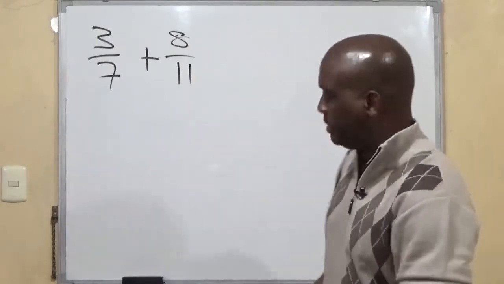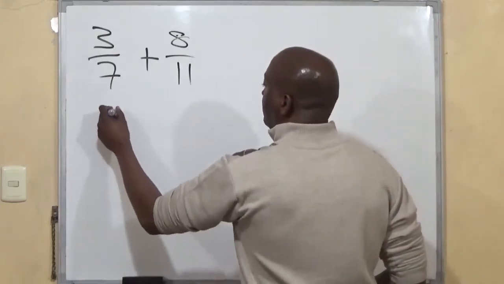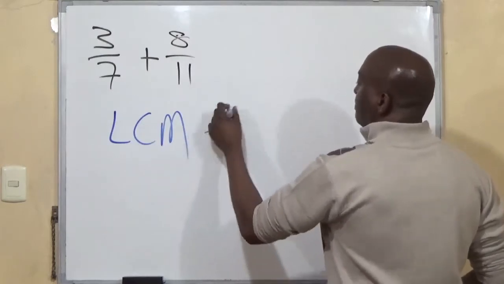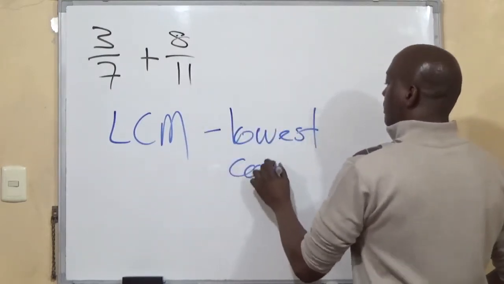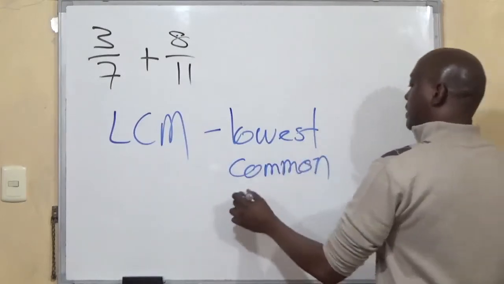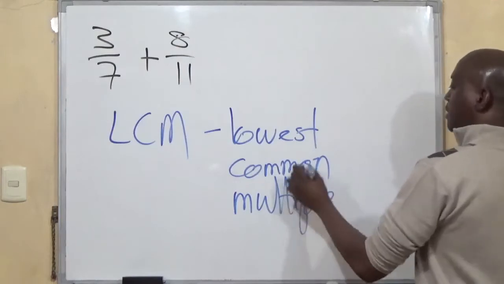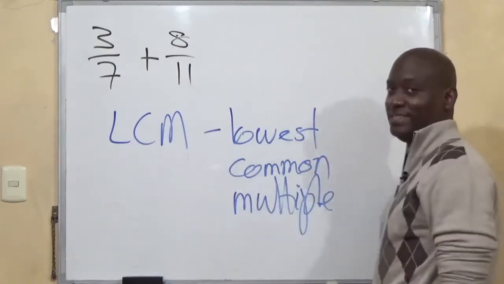That is something that you might recognize as finding the LCM, which is an acronym that means the lowest common multiple. L for lowest, C for common, M for multiple.